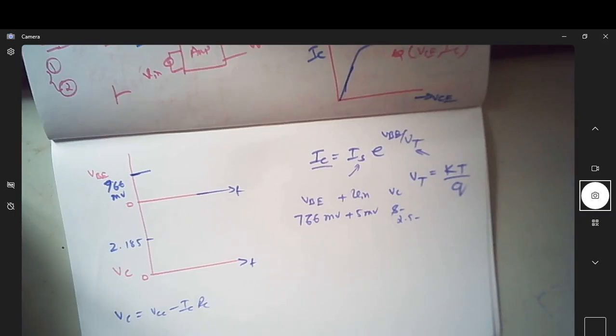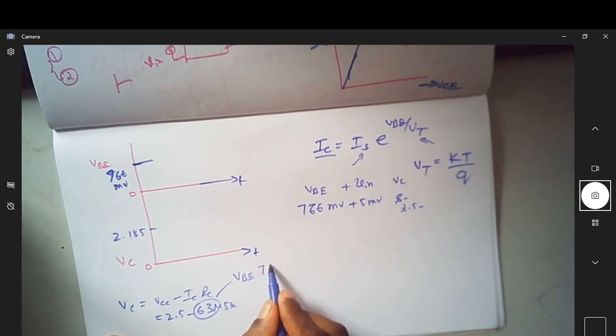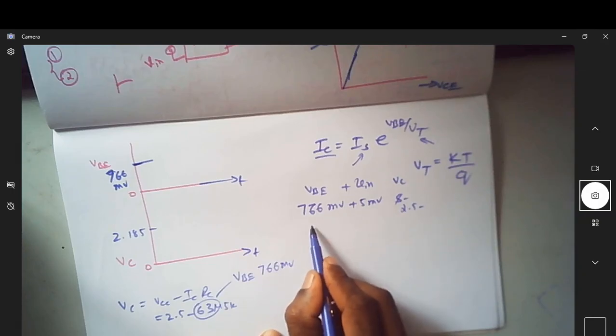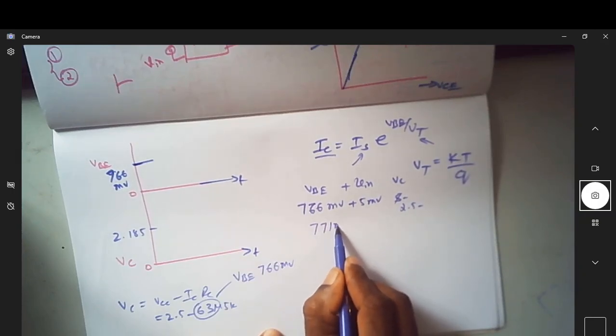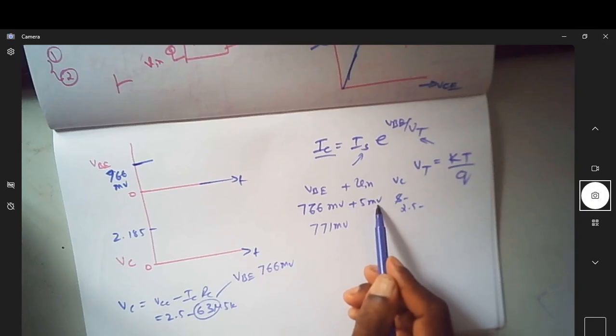So this is 2.5 minus 63 micro into 5K. This is 63 micro when VBE was 766 millivolt. When VBE changes to 771 millivolt, you can see how it has become 771, because you applied a 5 millivolt input voltage.